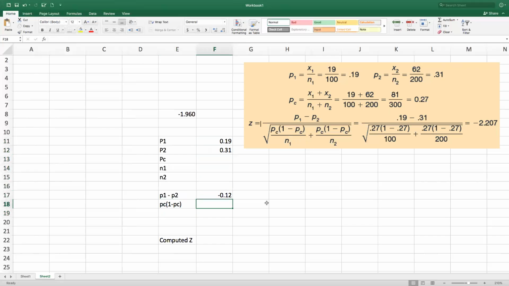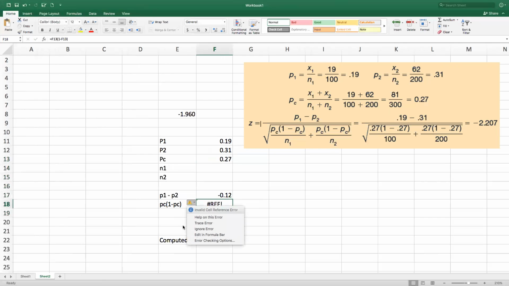I'm going to do equals, and take PC, which is F13, times 1 minus the same thing, F13, close parentheses. Whenever I put a PC in there, and the PC in this case is 0.27, I'll get... why am I not getting that? Let me see. It's saying it's circular. I don't think it had a number in there.